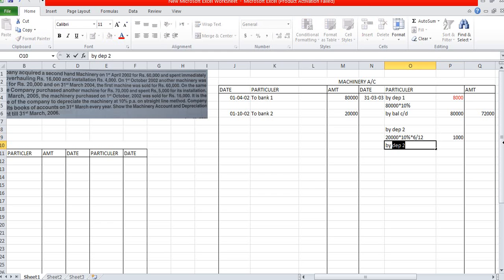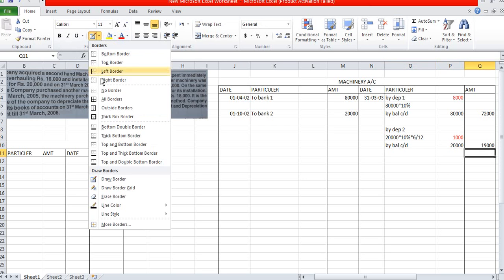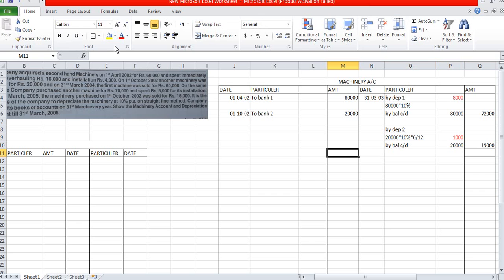Then by balance carried down, total overall 20,000, we'll get 19,000. Okay, now close here, 1 lakh overall, here 1 lakh.